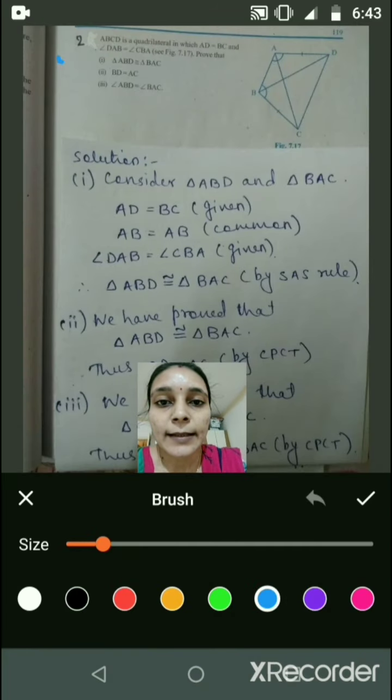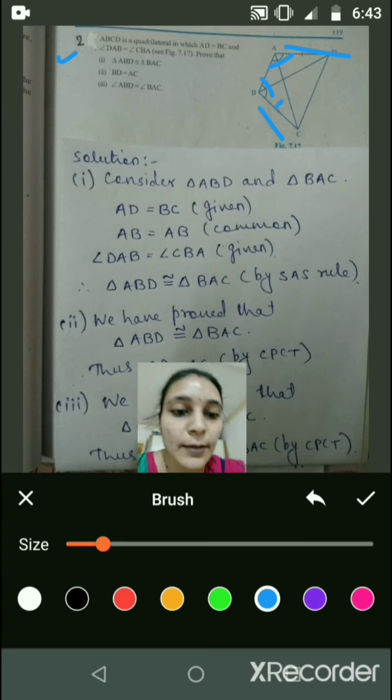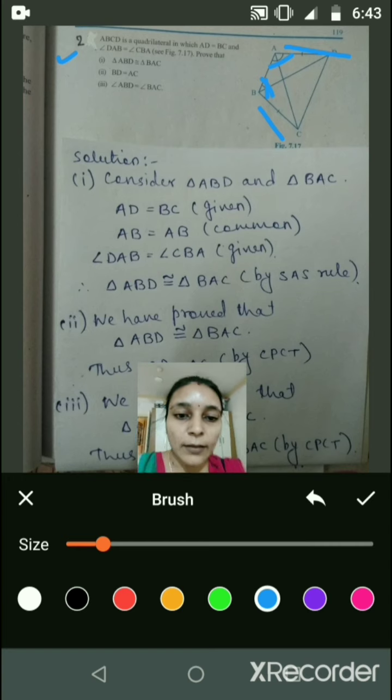Let us start the second sum. It says ABCD is a quadrilateral in which AD is equal to BC, and this is the quadrilateral. And angle DAB is equal to angle CBA. This angle is equal to this angle, as you can see in the figure.